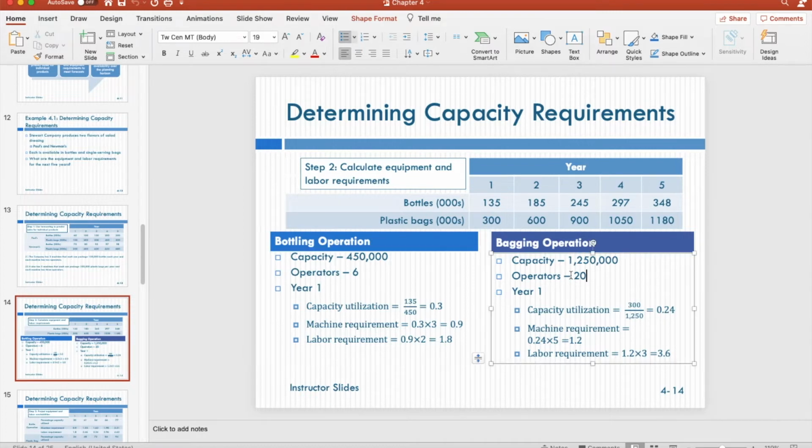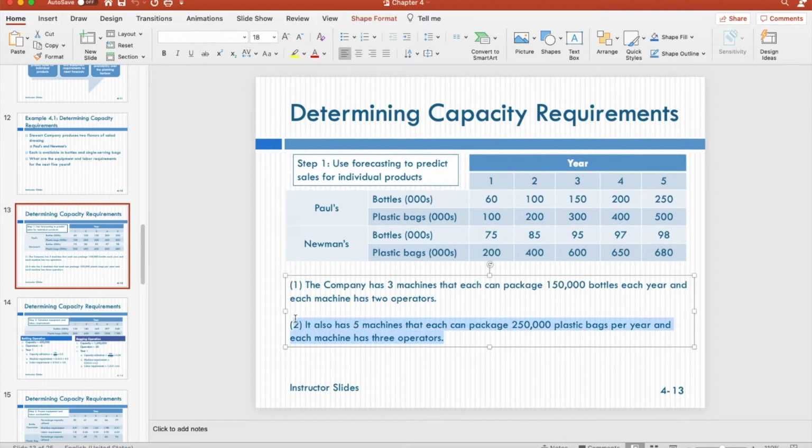Now, let me give you a quick example. For the bagging operation, the plastic bag operation, what is the capacity for every year? How to calculate this? Think about this. We have this sentence: we have 5 machines to produce plastic bags. Every machine can package 250,000 plastic bags per year, and for every machine we have 3 operators.